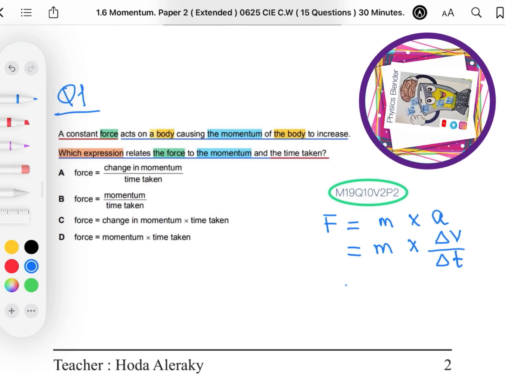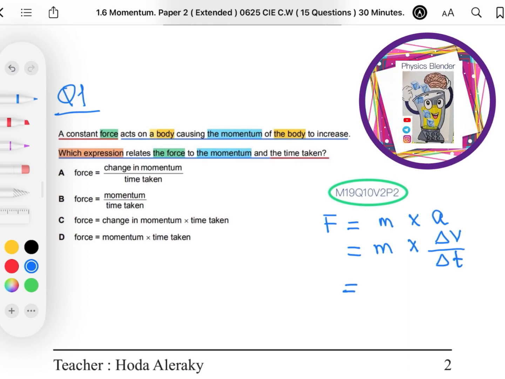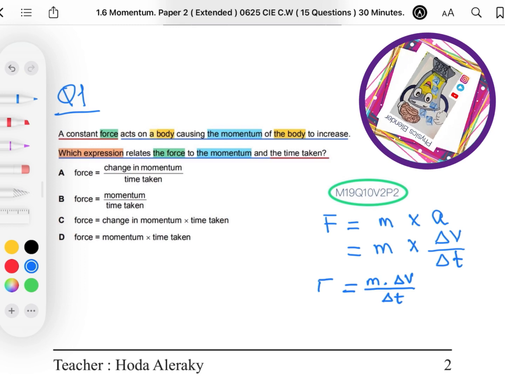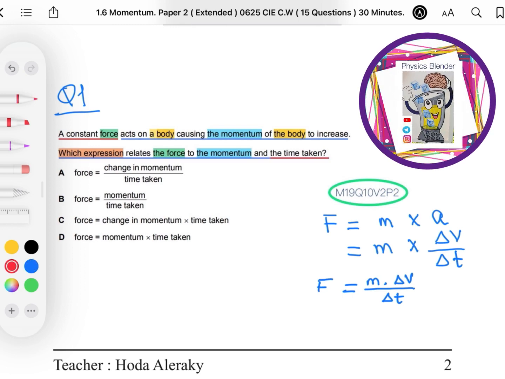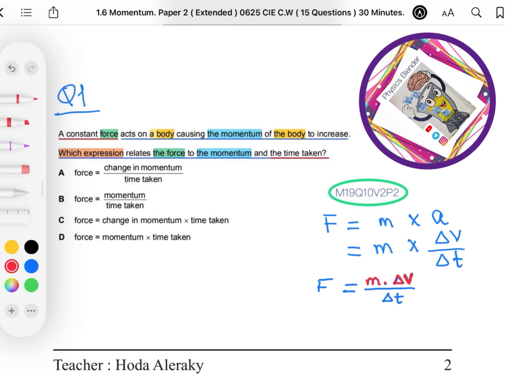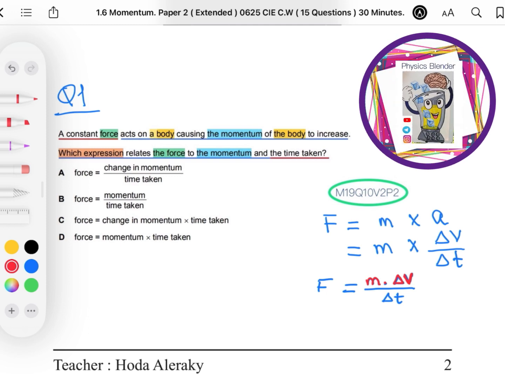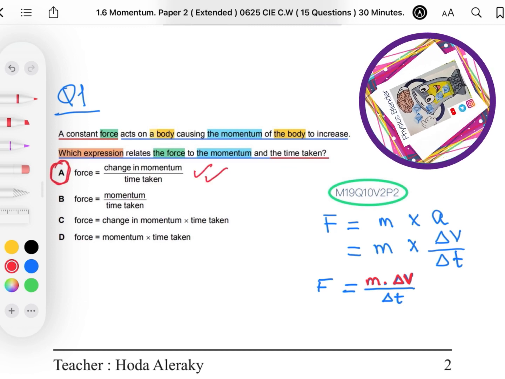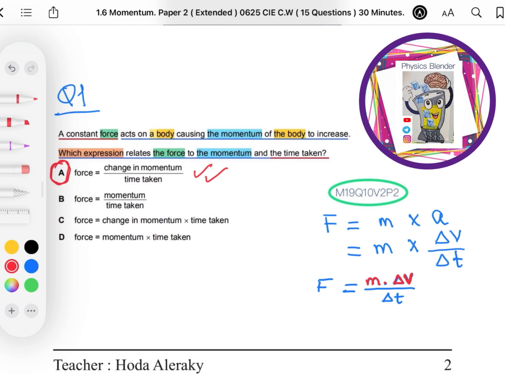So we have here resultant force is equal to m delta v divided by delta t. This m delta v is called change in momentum. So the correct answer for this question is A. Force is equal to change in momentum divided by time taken.